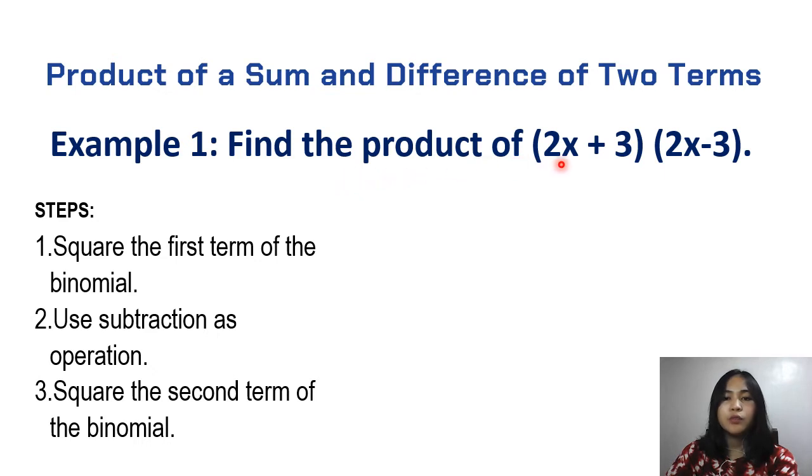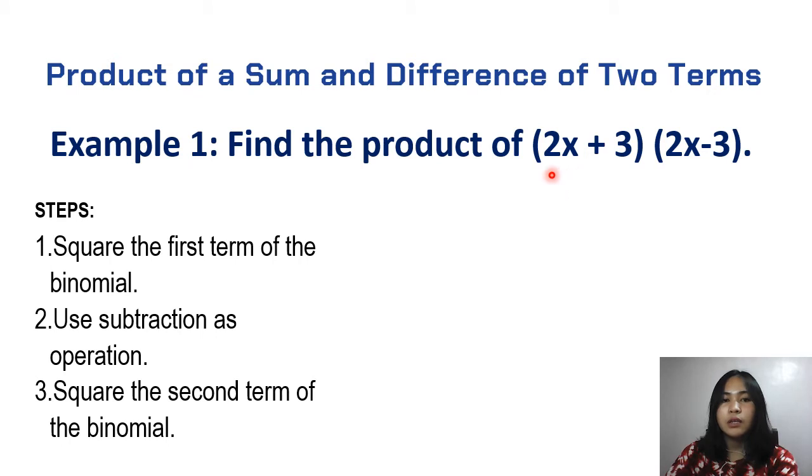Find the product of 2x plus 3 multiplied by 2x minus 3. In the product of a sum and difference of two terms, you can see this is the sum of two terms, we have 2x plus 3, and the difference of two terms, we have here 2x minus 3. So we can apply the steps.